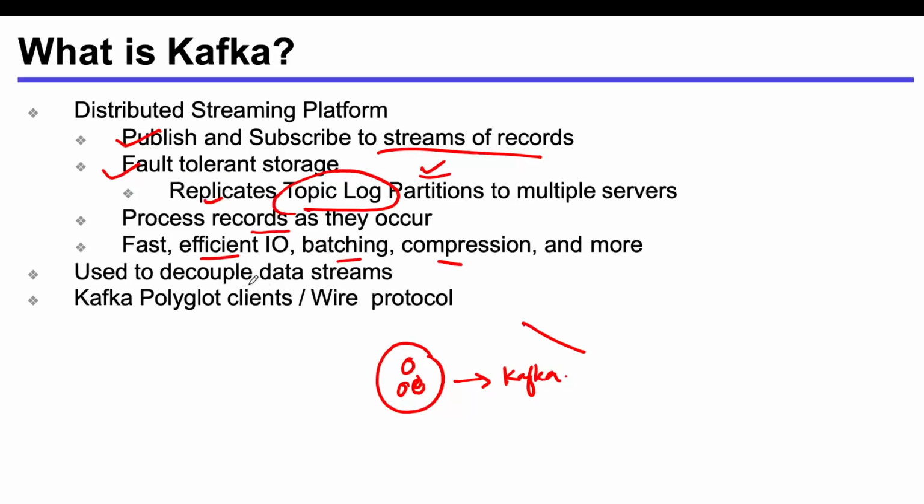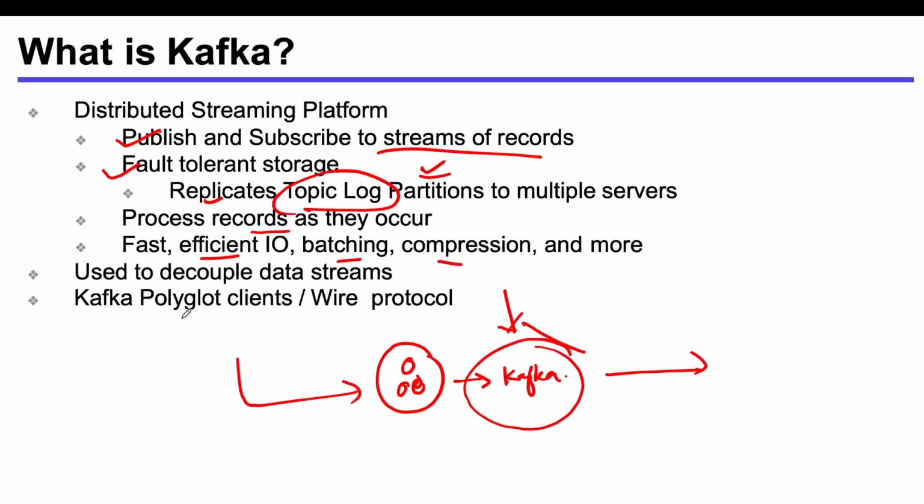It's used to decouple the data stream. So you have your publisher and you have subscribers, and you decouple these two applications by using an intermediate broker, which is Kafka.